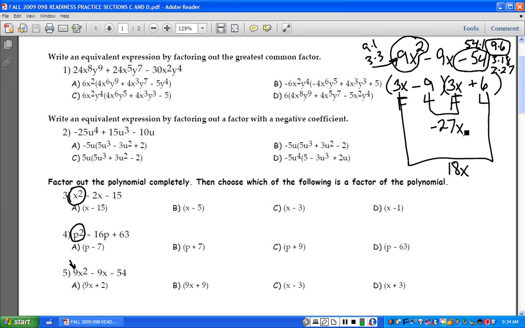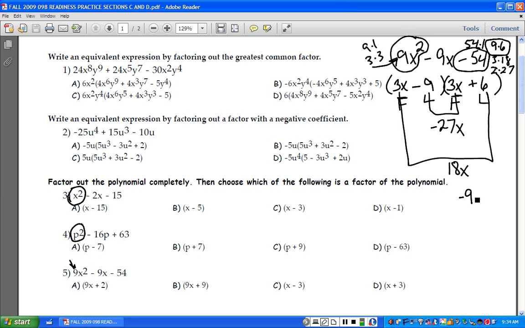Now, when these are combined, what do we get? Okay, we have negative 27 and an 18. Does that give us a negative 9? You know what?